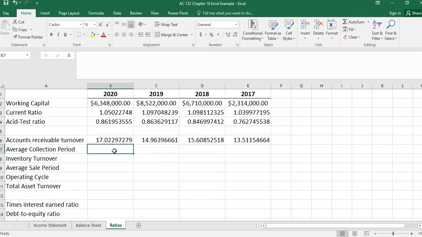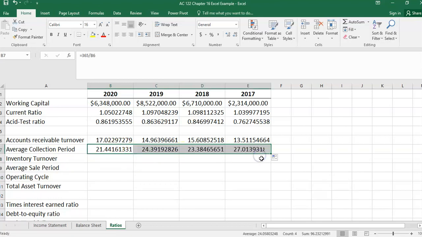The average collection period is how many days it takes us to receive cash from a credit sale. So this is 365 divided by the accounts receivable turnover. So on average in 2020, it took us 21.4 days to receive cash after a customer bought something on account.